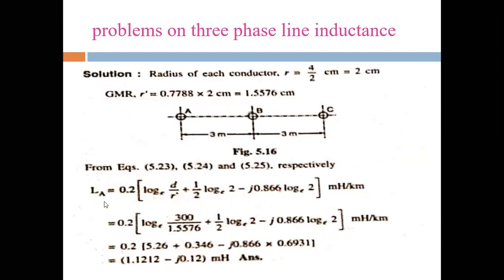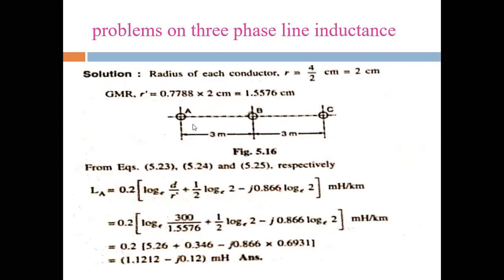Okay, this is the inductance for conductor A, conductor B and conductor C when these conductors are placed in the same horizontal plane.